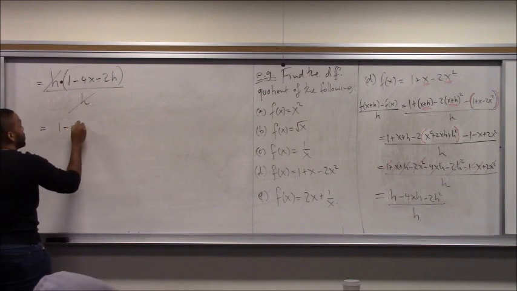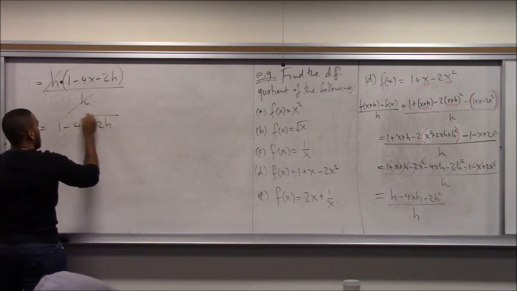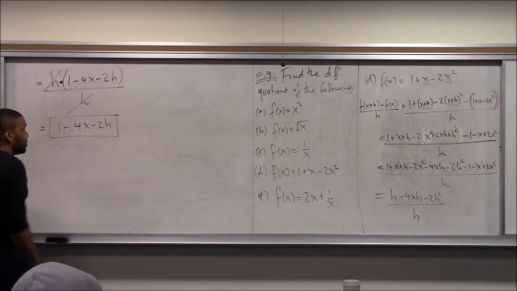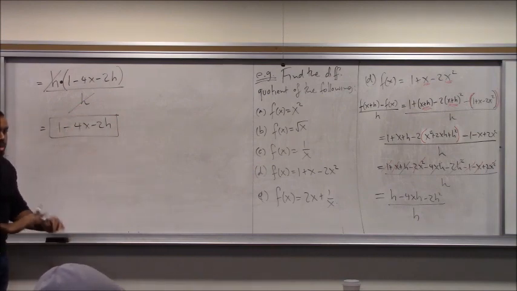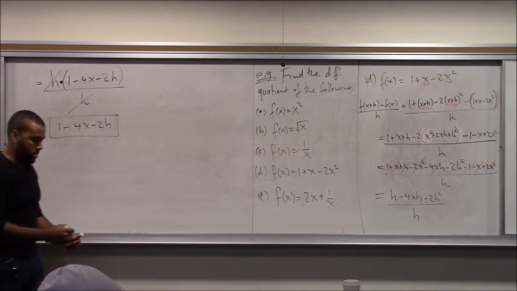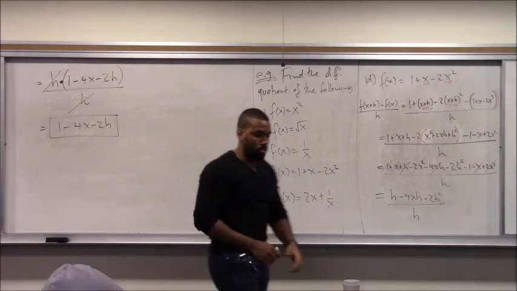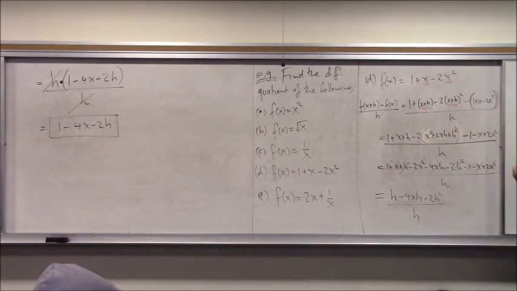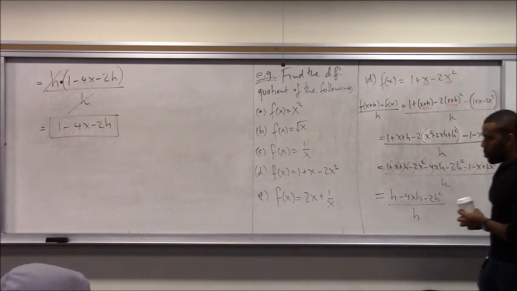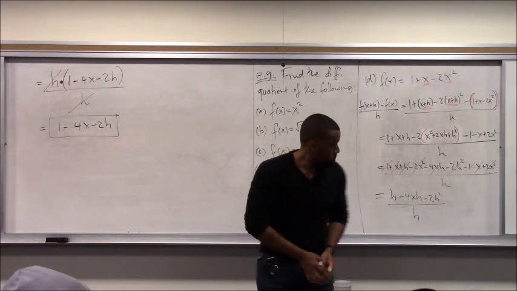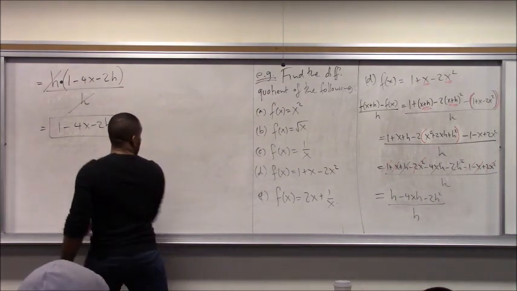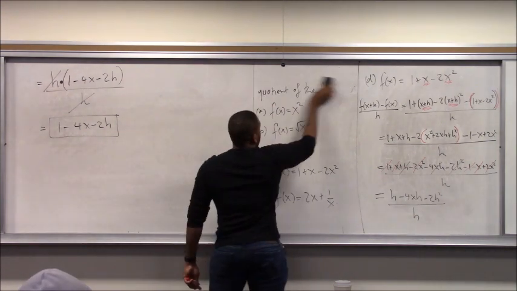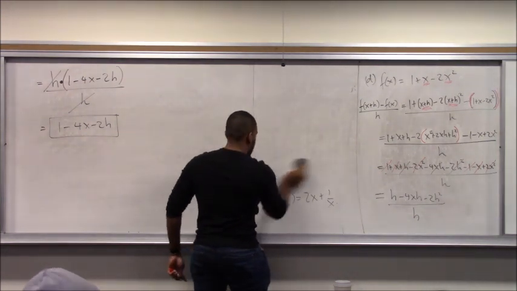So it's 1 minus 4x minus 2h, and that is the answer. Because we've canceled the original denominator, so I know I can stop now. That's good enough. Let's do the last one.